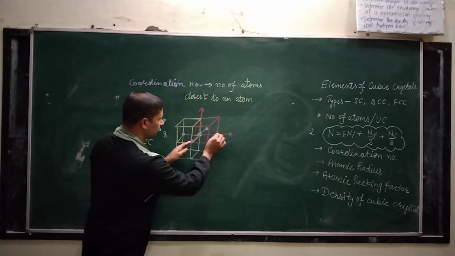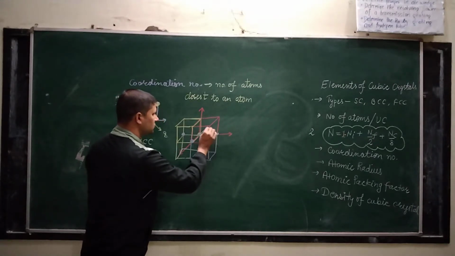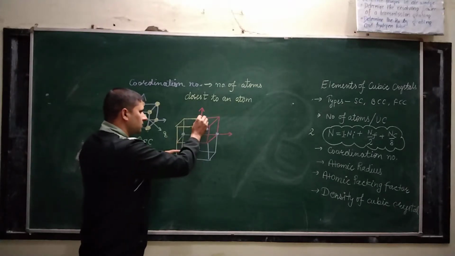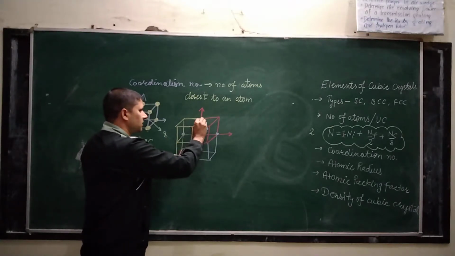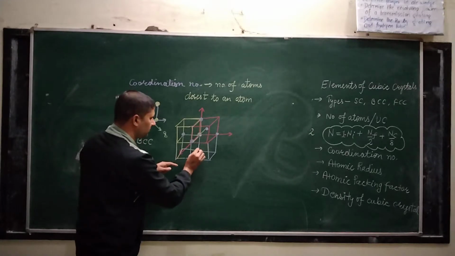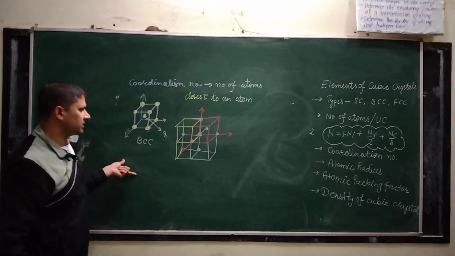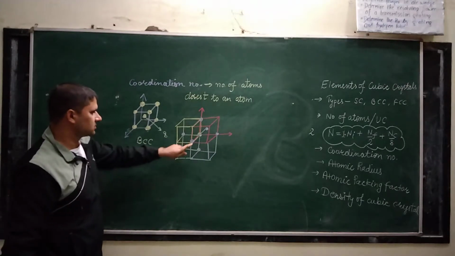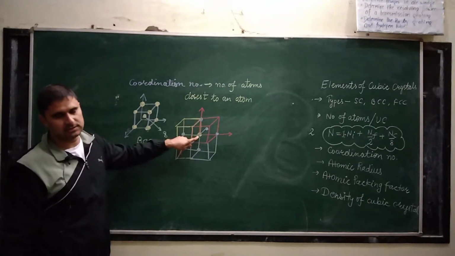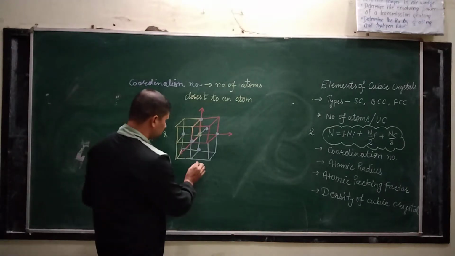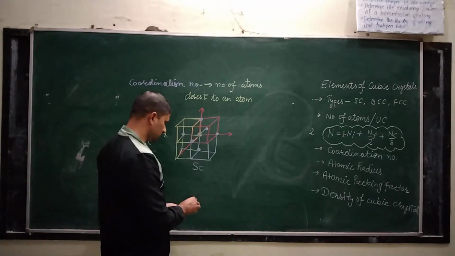These are in the same plane, and one particle is here on the z-axis and one particle is here. In this way, you can see the number of particles touching this corner is 6. Okay class, and this is for simple cubic.